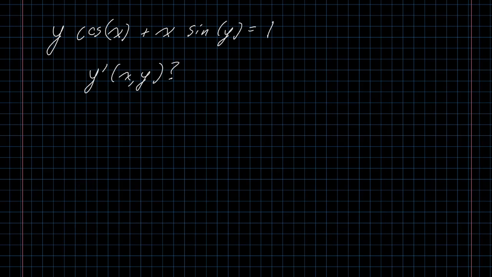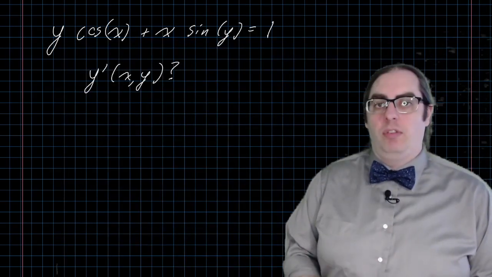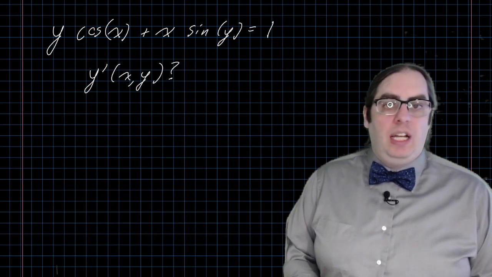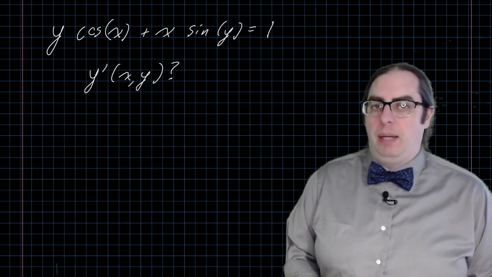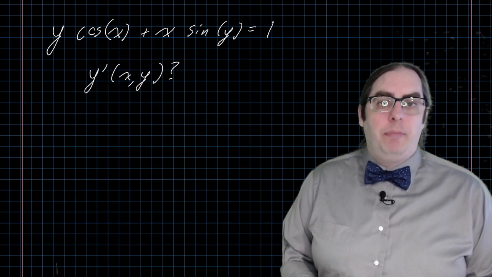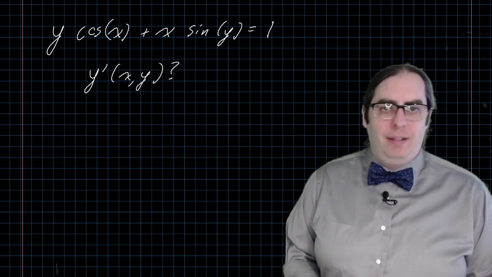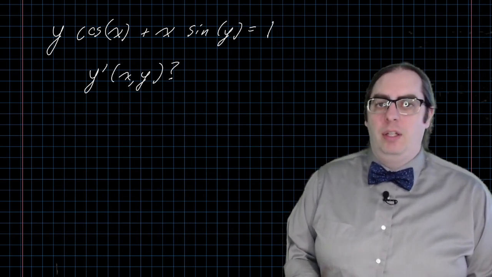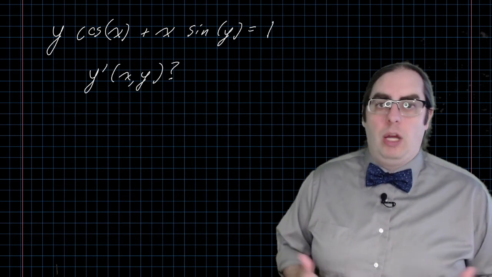I would like you to implicitly differentiate this curve and find an expression for y prime. It is going to have both x and y in it, and that's perfectly okay.